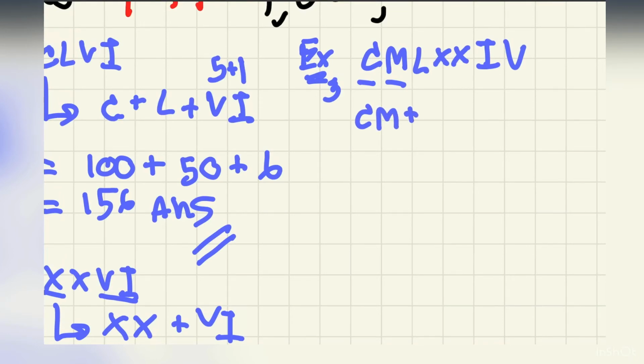Then now we're going to determine the next value. L is equal to 50, and then 10, 10. So they are in the same place value. So we can place them together. So it would be L, X, X. Plus I is equal to 1, V is equal to 5.